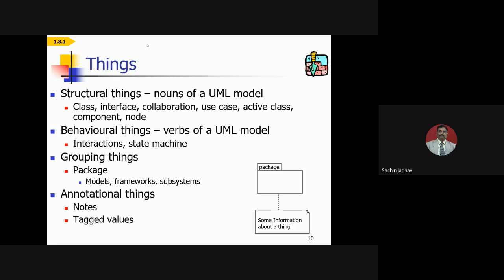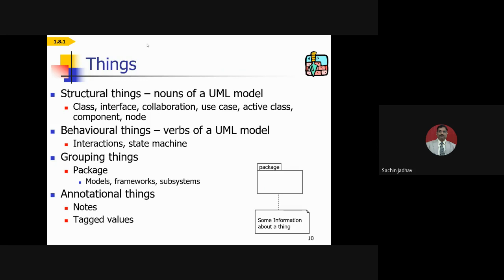There are grouping things as well. To achieve some common goals, you can collect a number of different kinds of classes into packages, and one package is responsible for handling one responsibility. In such cases, all packages can combine into one system or subsystem, and then this subsystem provides one responsibility of the system. For example, in a college information system, we require an admission process. So the admission system is one subsystem of the college information system, wherein all classes related to the admission process are considered in one package, right?